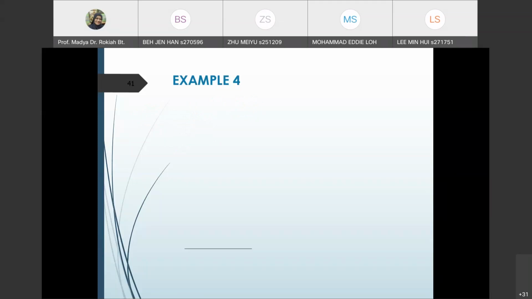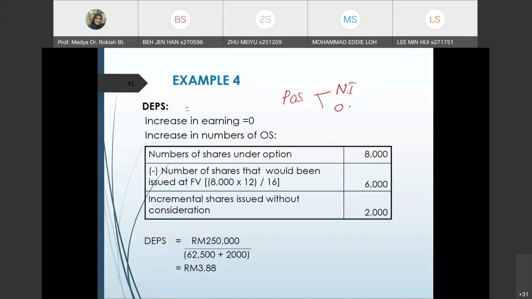Without consideration here is the number of shares under option minus the number of shares under fair value using the issue at fair value. So we're going to have 6 here. So the incremental share without consideration here is 2.